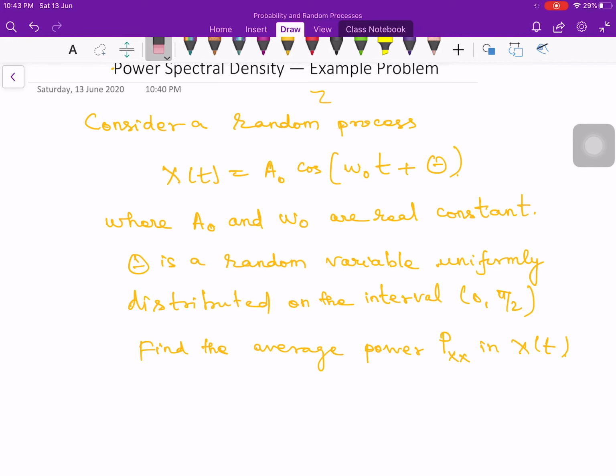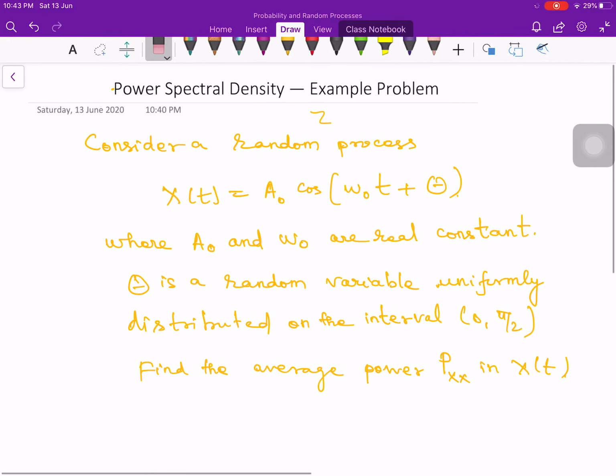In this lecture, I am going to consider an example problem for power spectral density.